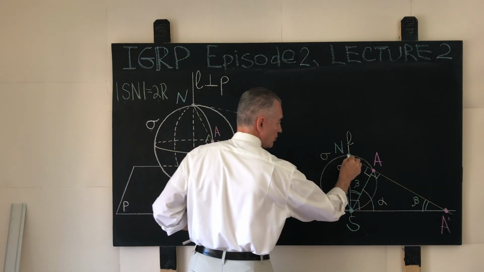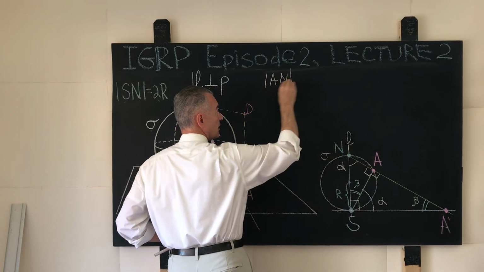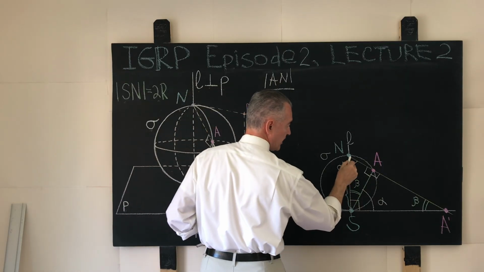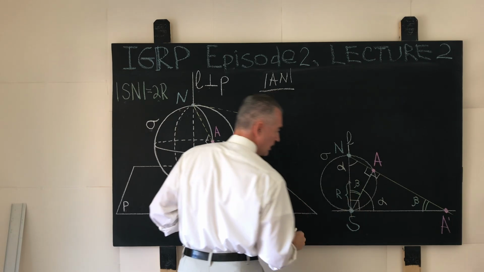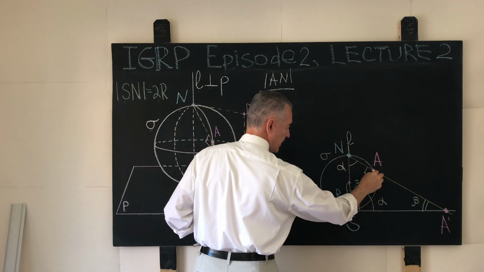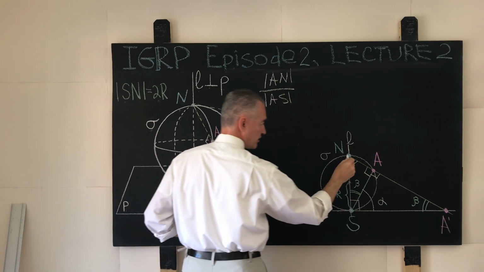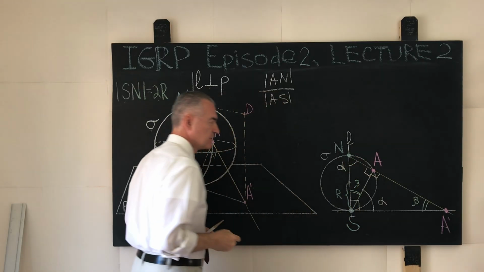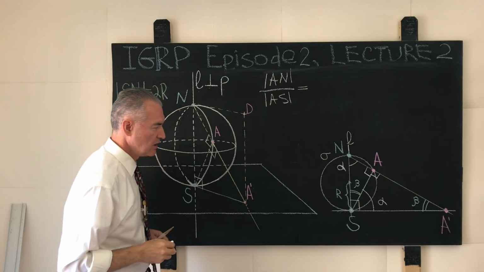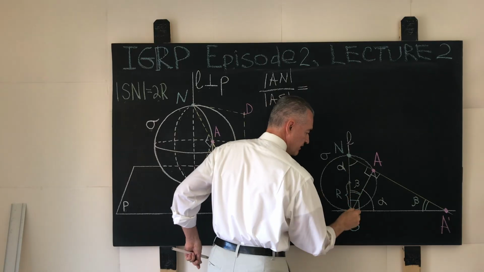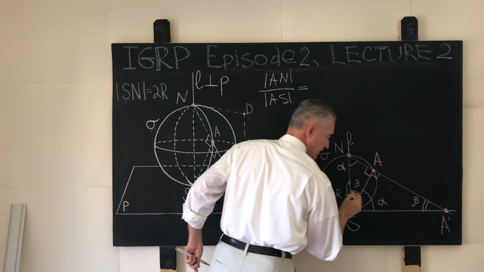So the length of the side AN, let's write it down here, AN, is in the same proportion, and that side AN lies against the opposite angle beta, relates to the length of the side AS from the triangle NAS, is in the same proportion as what? Which side in the triangle NSA prime lies against angle beta, which is the same by magnitude as this angle right here?